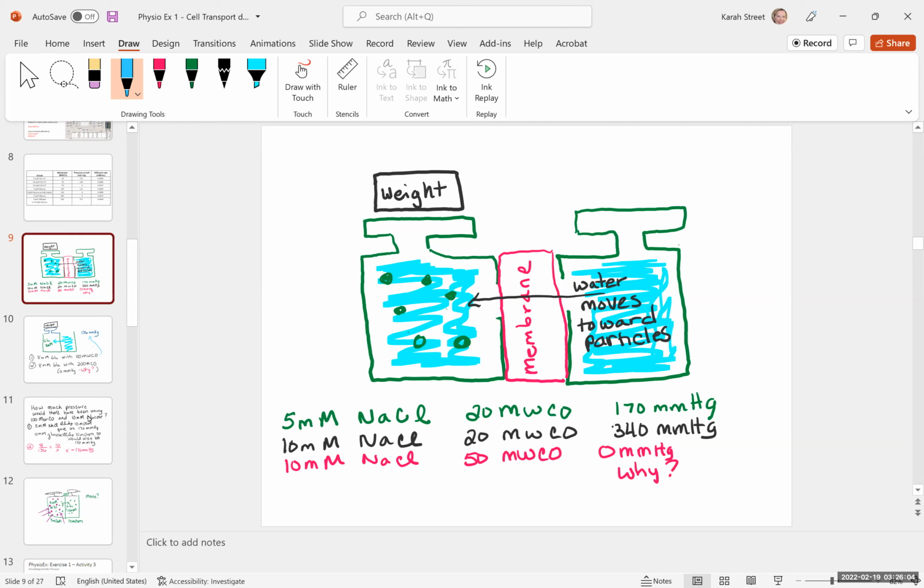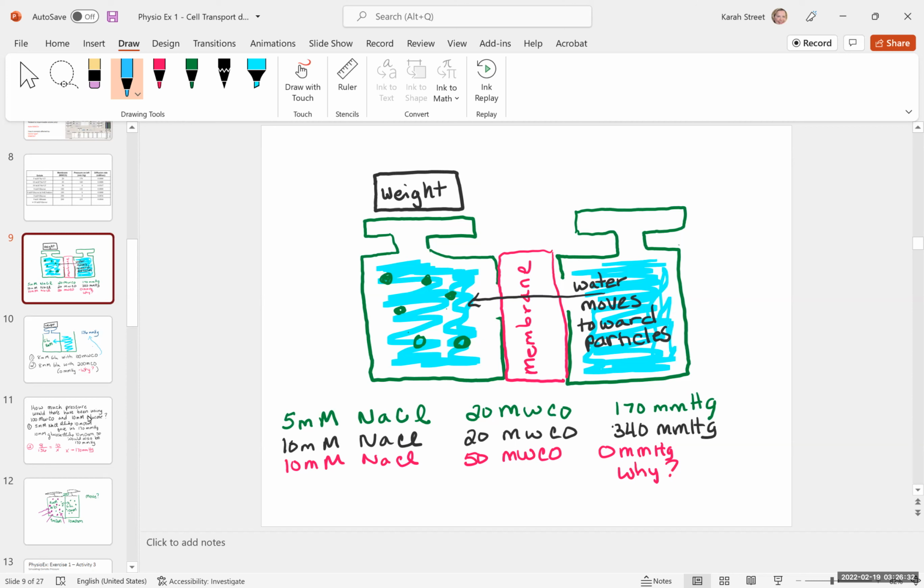Then our third experiment with sodium chloride, we played with 10 millimolar and a molecular weight cutoff of 50. There was no osmotic pressure that we detected. Why? Well, you should remember from activity 1 that the molecular weight cutoff of 50 was large enough to allow for sodium chloride to move through those pores.